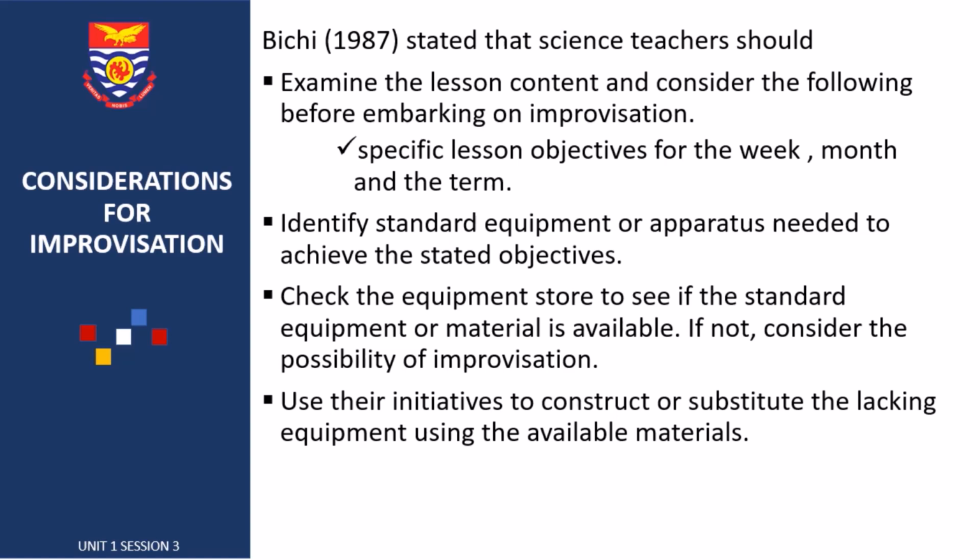Assuming there is no insect net, what are you going to use to improvise? So you have to identify the standard equipment. We have a beaker, a Benson burner, a measuring cylinder. All these are standard equipment, and you consider them before you think of improvising.